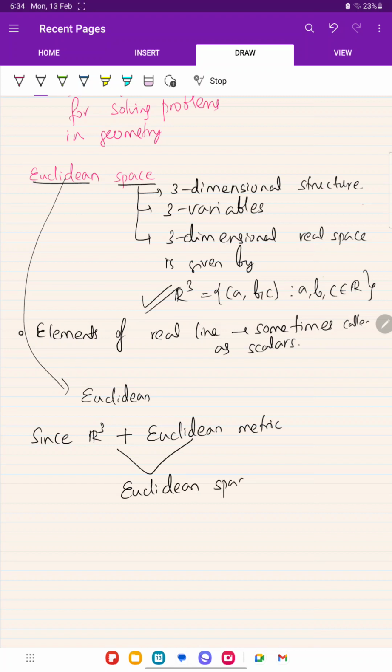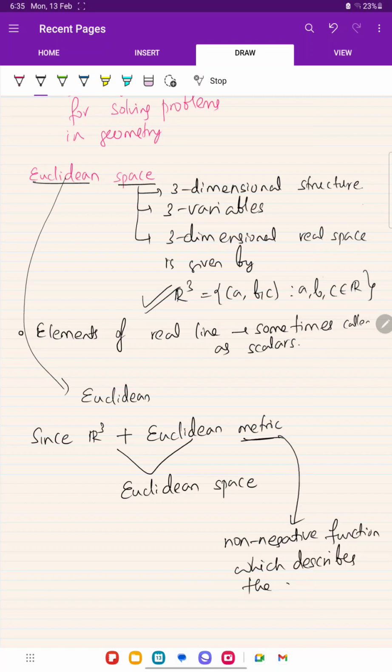So what is a metric? A metric is a non-negative function which describes the distance between two points.